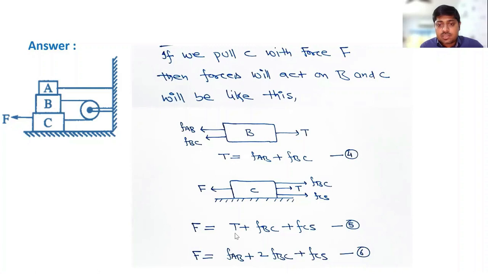Putting the value of T from relation 4 into relation 5, we can rewrite it in this form: F is equal to FAB plus 2FBC plus FCS.